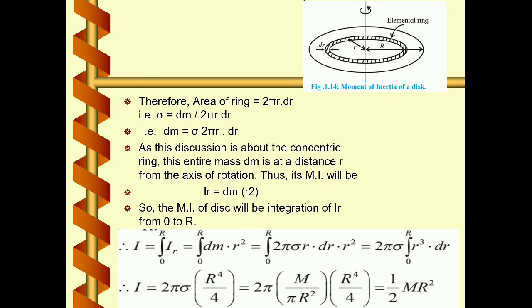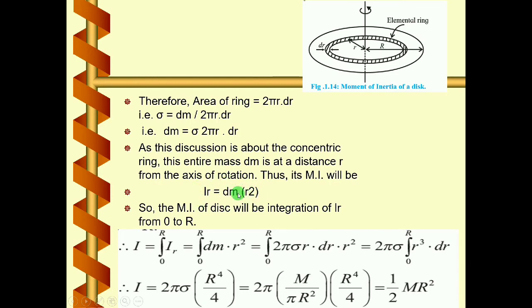If we consider one such small concentric ring and apply different formulas, the area of that concentric ring will be the circumference, which we already know is 2 pi r, with small r considered, and thickness dr, so it will be 2 pi r dr. So the surface density for that concentric ring will be mass upon area, dm upon 2 pi r dr. Multiplying the denominator to this side, dm will be equal to sigma 2 pi r dr. Now we already know moment of inertia is nothing but the product of mass and the square of the distance.